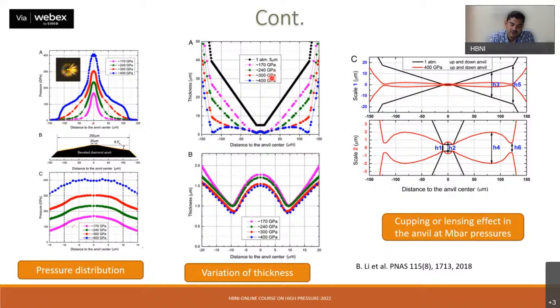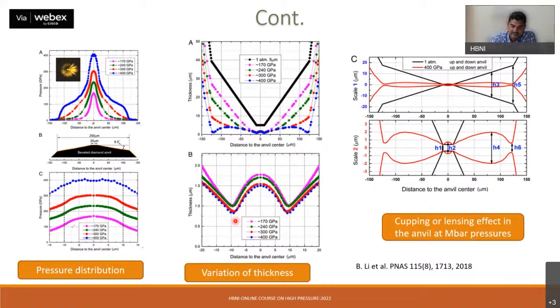And as you increase the pressure, the thickness also changes, and you see that there is a bulging kind of effect in the higher pressure range. And this can be seen in a more lucid way in this diagram, where it has been taken in the minus 20 to 20 range, 40 micron range.